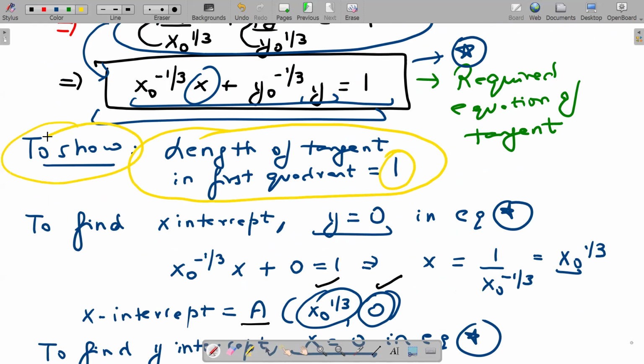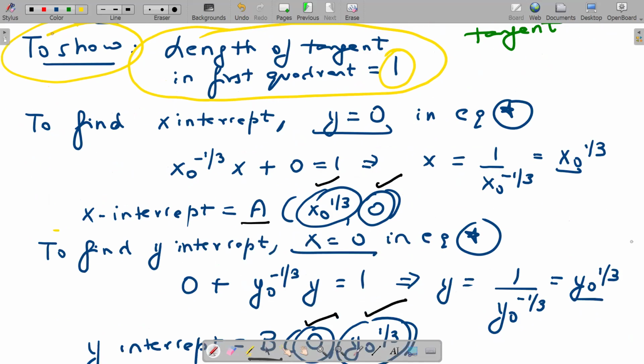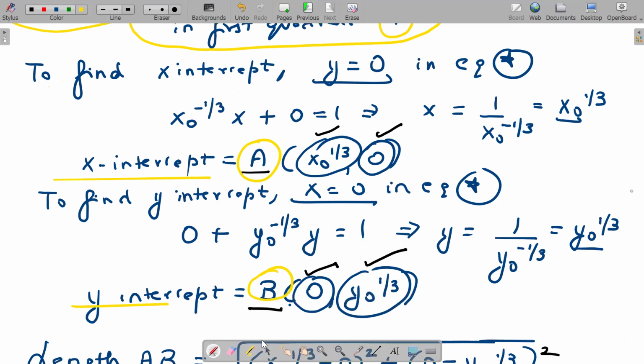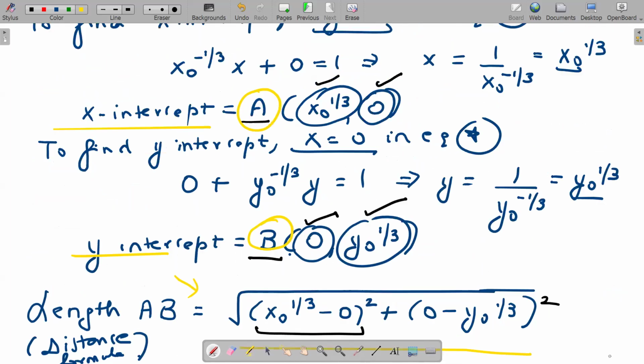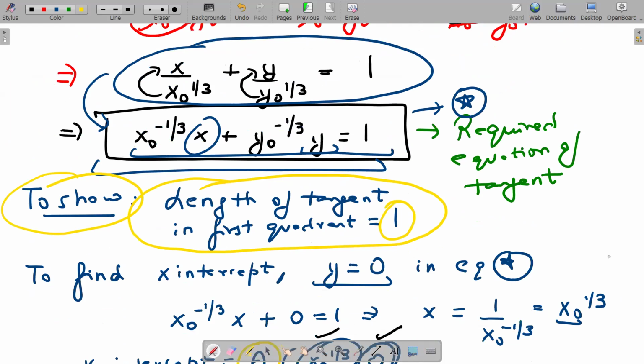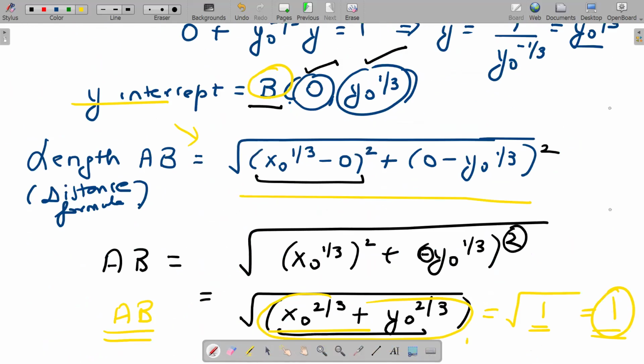To use the distance formula, I first found the x-intercept A and the y-intercept B. Once I got them, I directly used the distance formula, and I got 1. That means the length of the tangent in the first quadrant is 1. Hence proved.